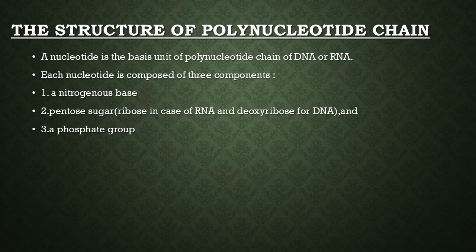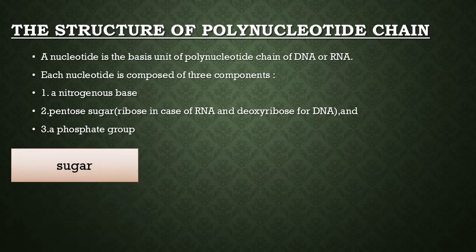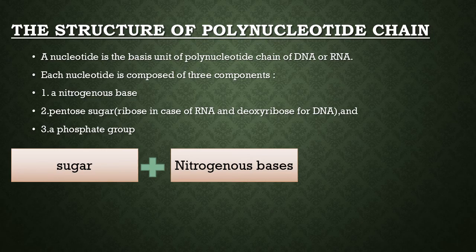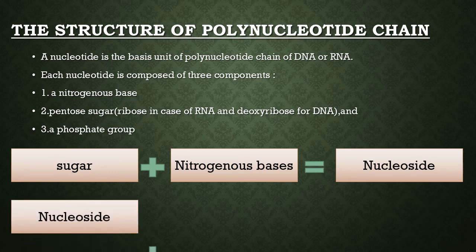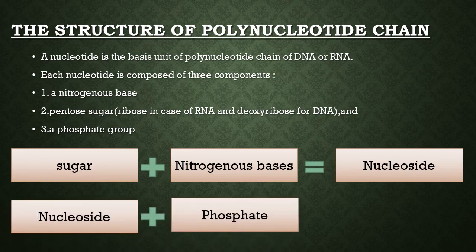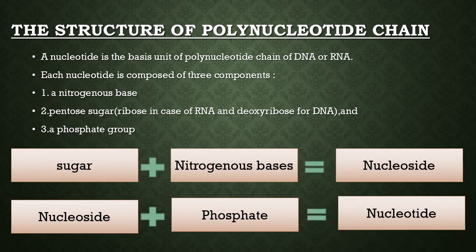Now let's have a proper understanding of this concept. When sugar is attached with a nitrogenous base, the combined structure is a nucleoside. And when a nucleoside is attached with a phosphate group, the structure is a nucleotide, which is the basic structural unit of nucleic acid.